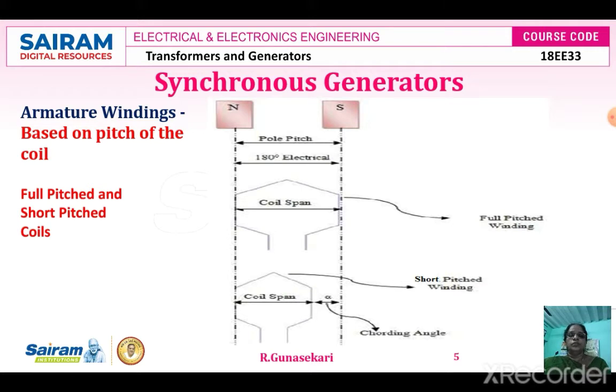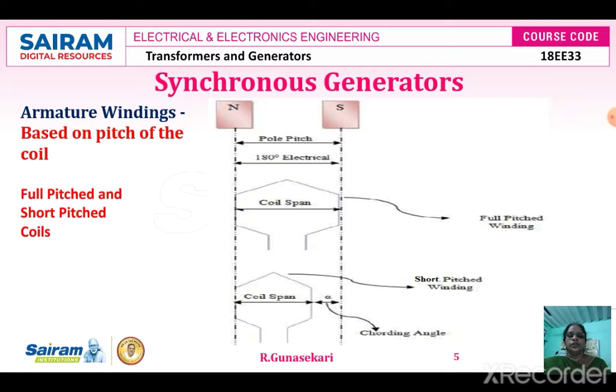What is meant by full pitched winding? Each coil has two sides. One side is at the north pole, the other side is at the south pole, and both are joined. Therefore that is equal to the coil span. What is the definition I told for full pitched winding? Coil span is equal to full pitch, that is equal to 180 degrees. So this winding is called a full pitched winding.